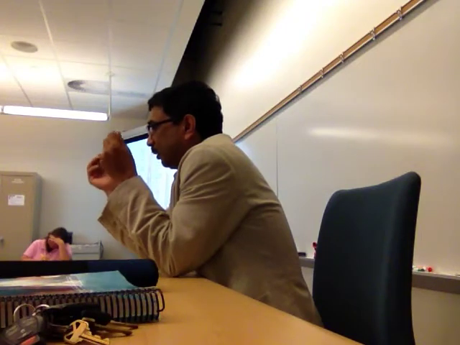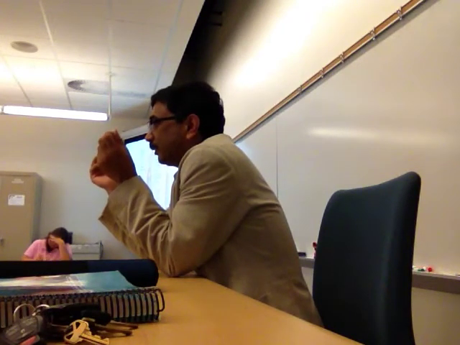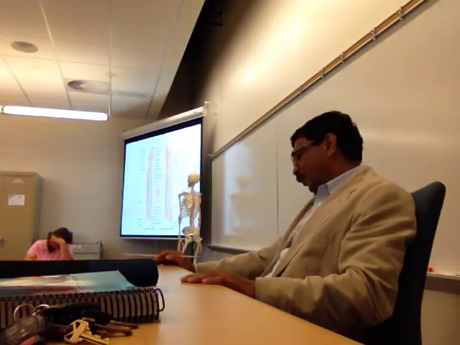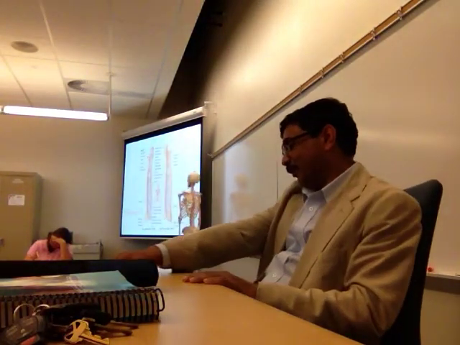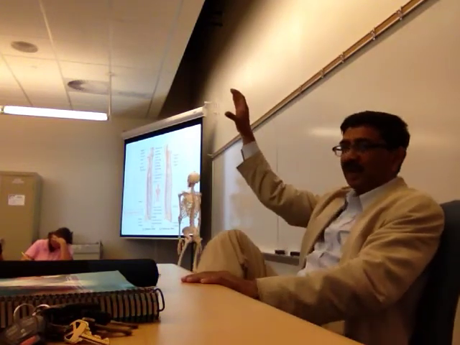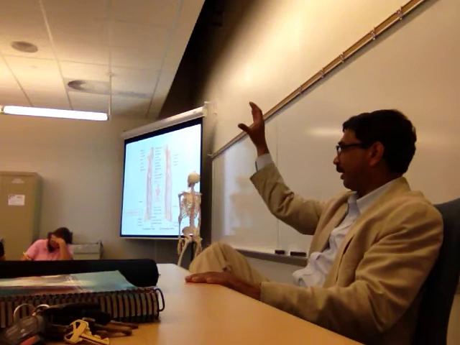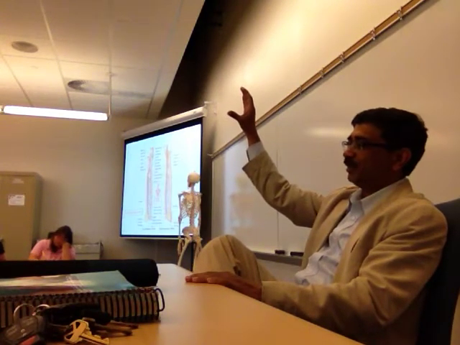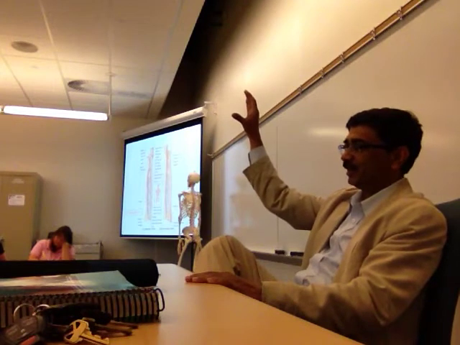Okay, then ulna is the medial bone. In the upper end of ulna, I have already shown you the parts. If you see the upper end of the ulna, it is like this. You see my hand, like an open mouth of a snake. You have seen the snake, right?